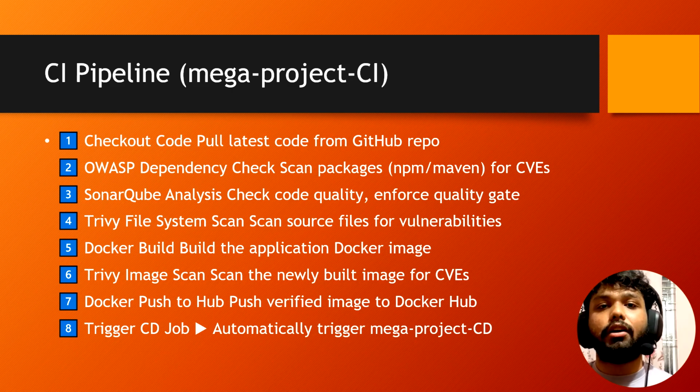This CI job does step-by-step tasks. It checks out the code from GitHub, and after pulling the code, it runs the OWASP dependency check scan. It checks packages, NuGet, npm, and mostly checks for common vulnerability issues.